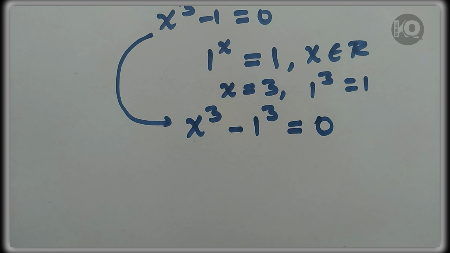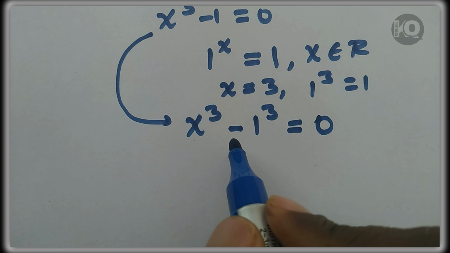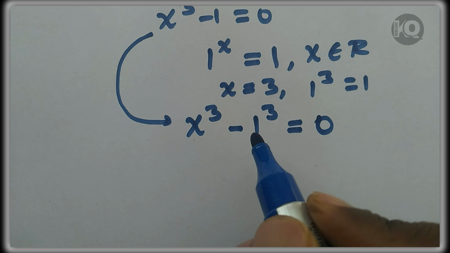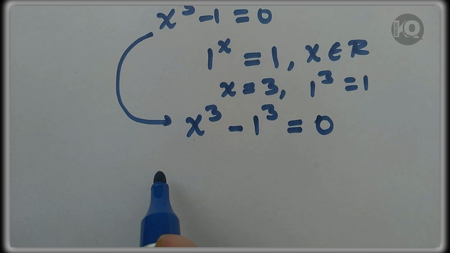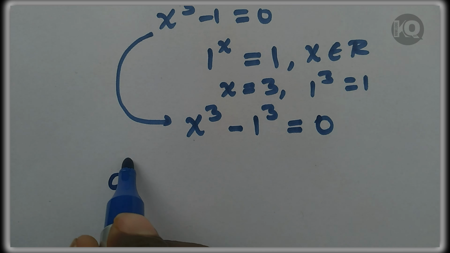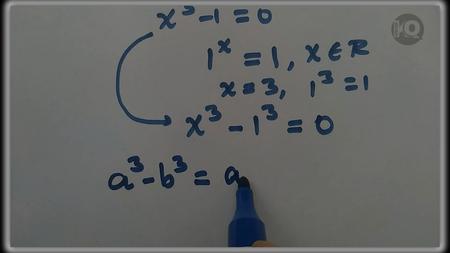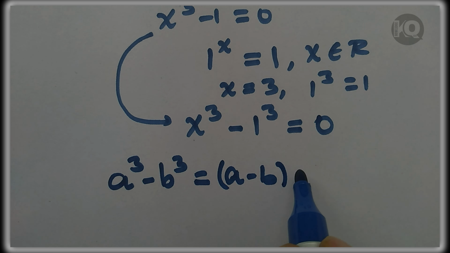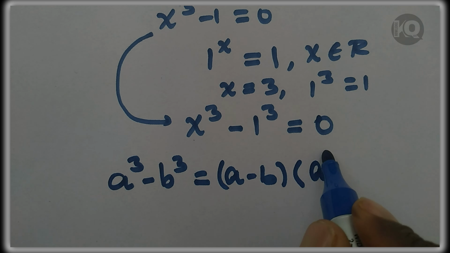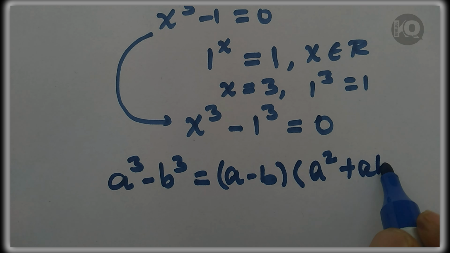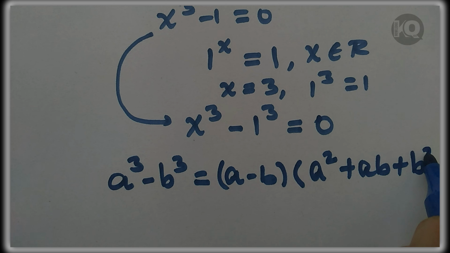From here, this equation is a difference of two cubes, which is in the form a cubed minus b cubed, which is equal to a minus b times a squared plus ab plus b squared.